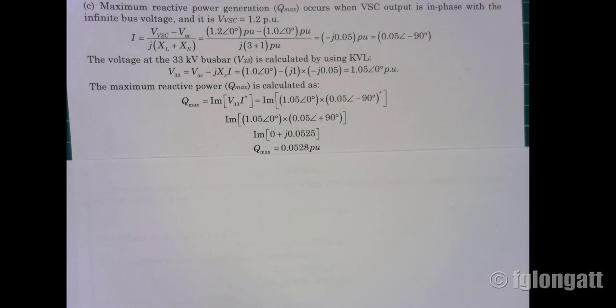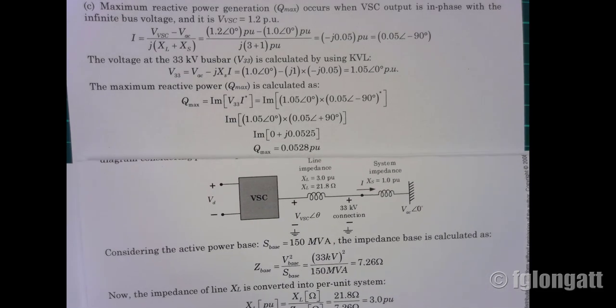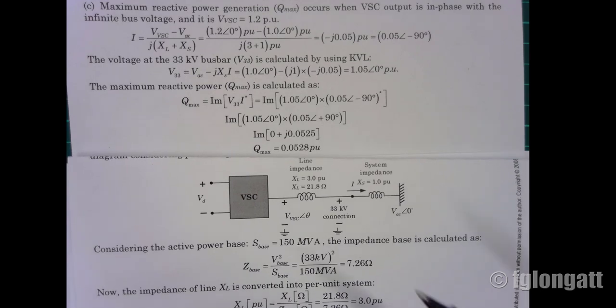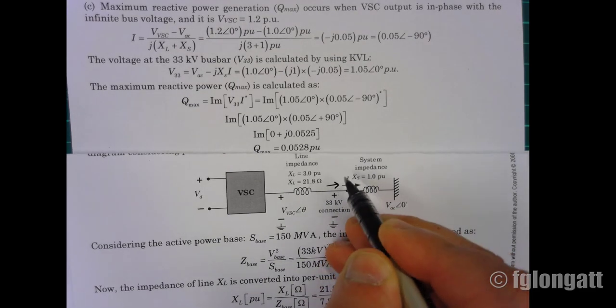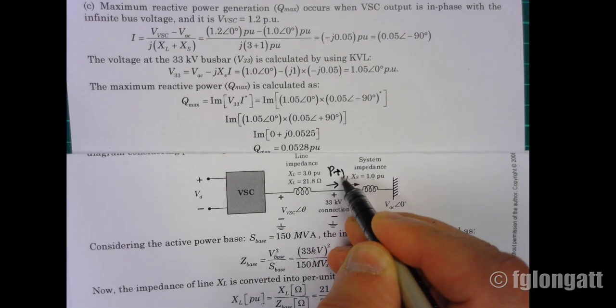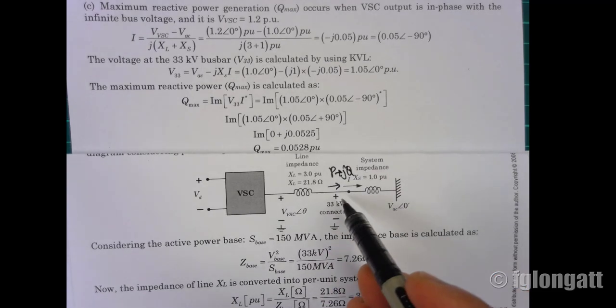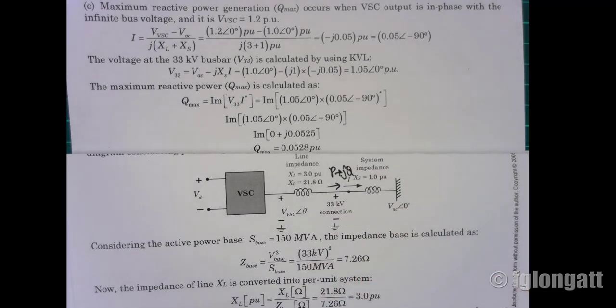I will try to show you here. This reactor over here is the coupling reactor. And when we are talking about injection of P and Q, we are talking about the power that is delivered from that point onwards.